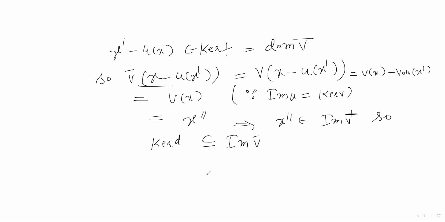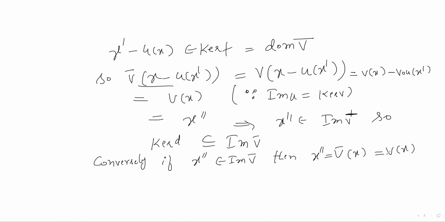Now conversely, if x double dash belongs to image of v bar, then x double dash equals v bar of x equals v of x for some x in kernel of f.